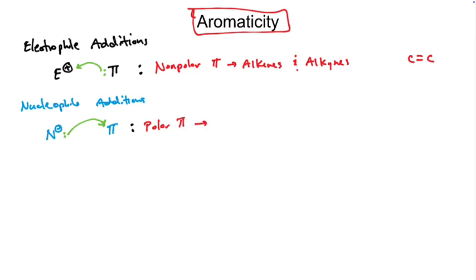So the polar pi bonds end up being carbonyls as our primary category, but there's tons of things. So we can go with carbonyls, and we'll call them imines. Don't stress about knowing that name or not. But a carbonyl, or a polar pi bond, is now carbon and an electronegative element. And if it was nitrogen, that would be the imine. If it was oxygen, that would be our carbonyl.